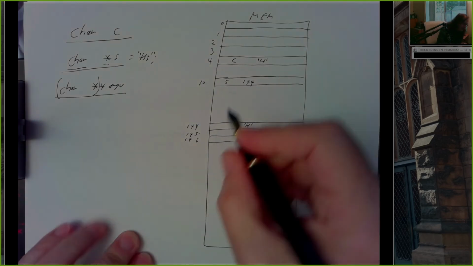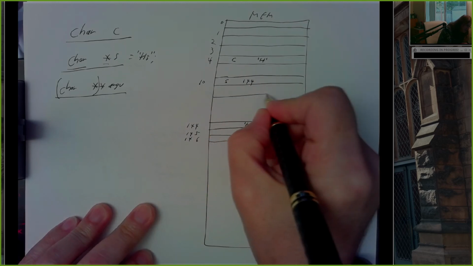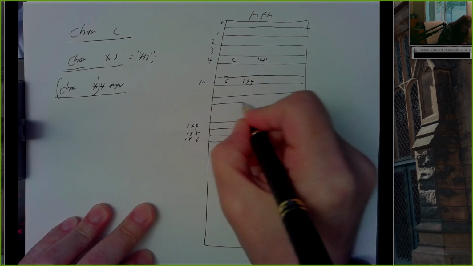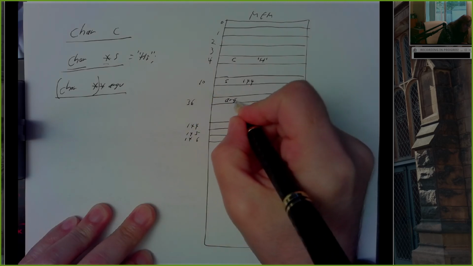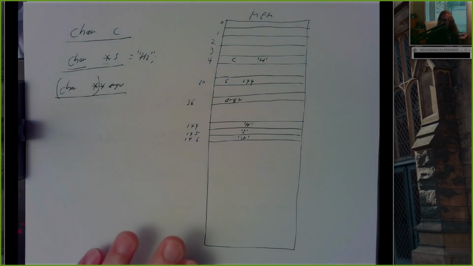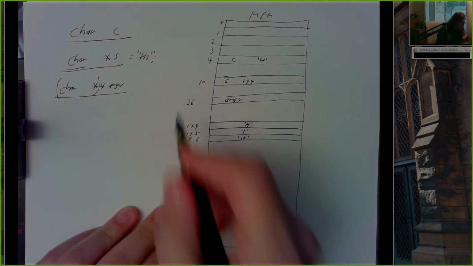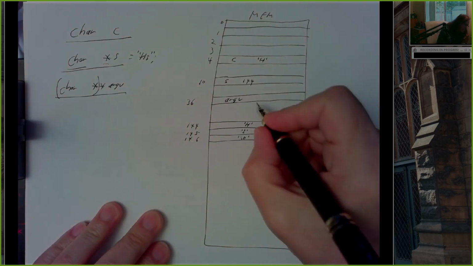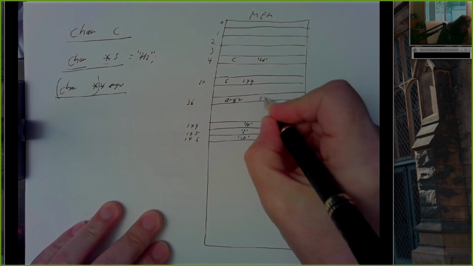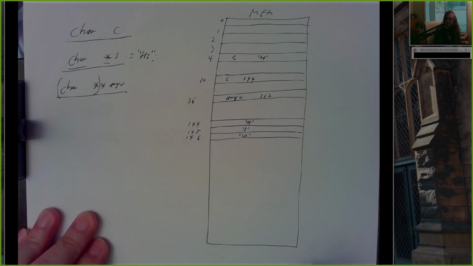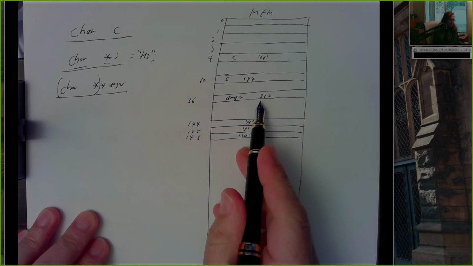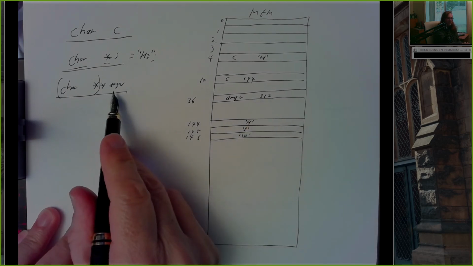So let's say argv is stored at location 36. I'm making these numbers up, obviously. So argv is stored at location 36, and let's say this contains the number 312.